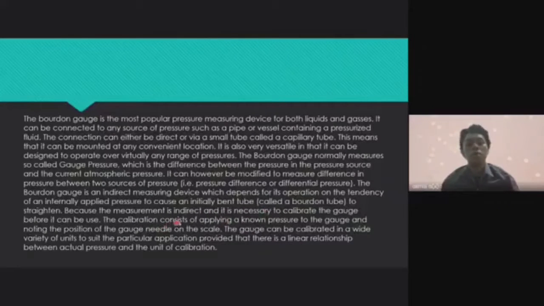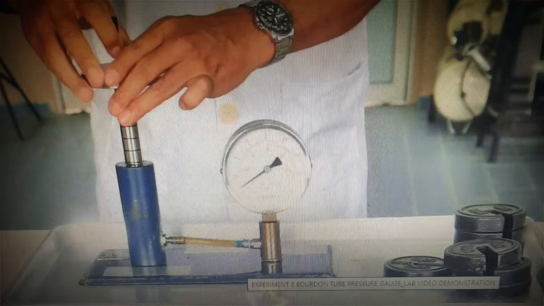The calibration consists of applying a known pressure to the gauge and noting the position of the gauge needle on the scale. The gauge can be calibrated in a wide variety of units to suit the particular application, provided that there is a linear relationship between actual pressure and the unit of calibration.